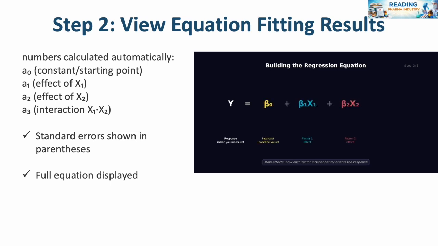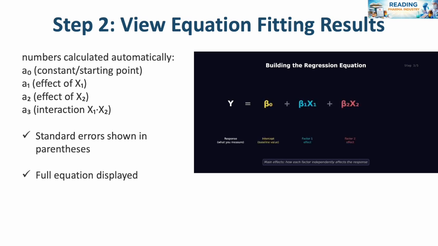You are measuring two factors, x1 and x2, and the strength of each one is represented by the value next to it. In the image here, beta 1 or A1 means the strength of that factor, the effect of x1. Beta 2 or A2 is the effect of x2.